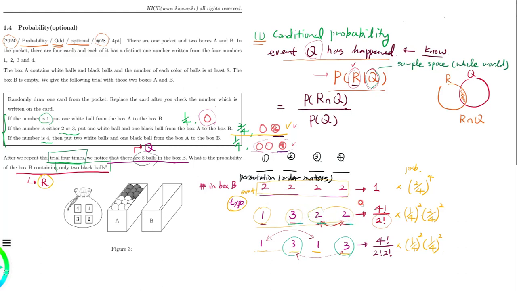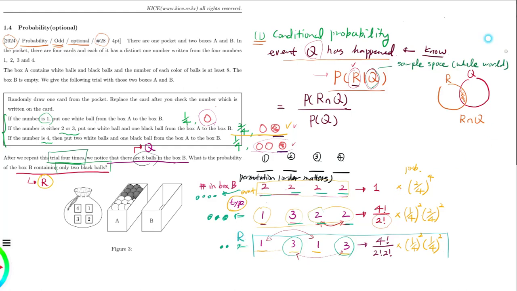In this case, we have 3 black balls. This case is 3 black balls. This case, we have 4 black balls. This case is 2 black balls. This is what we want. So this is the event R.